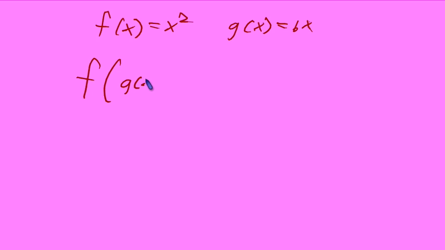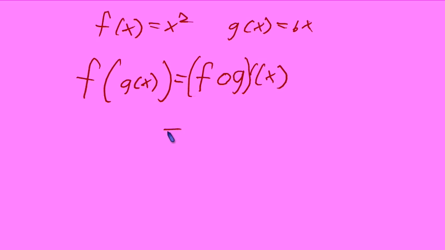We're going to keep the same functions: f of x equals x squared and g of x equals 6x. You can have f of g of x. Another way of writing this would be, in parentheses, f circle g of x. It's the same thing.